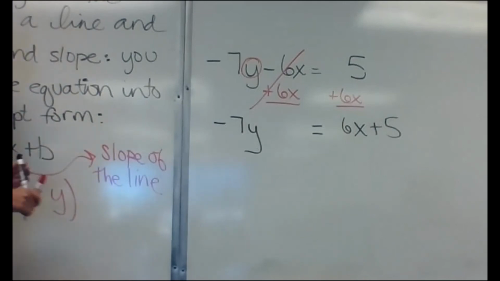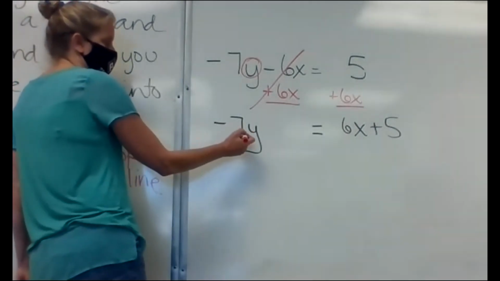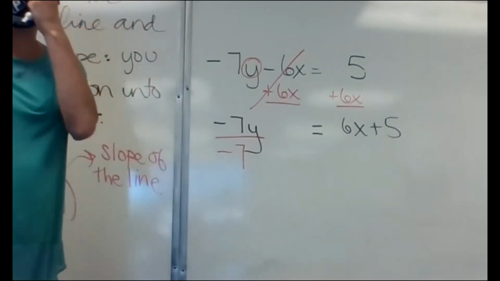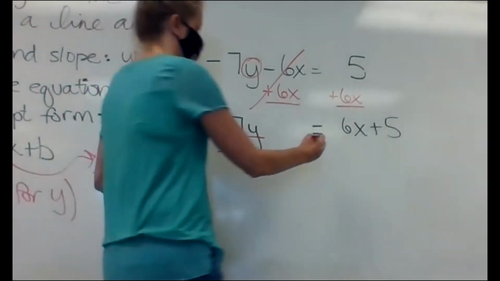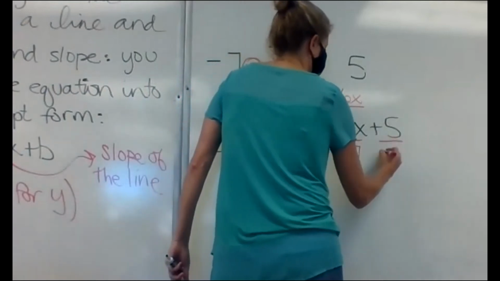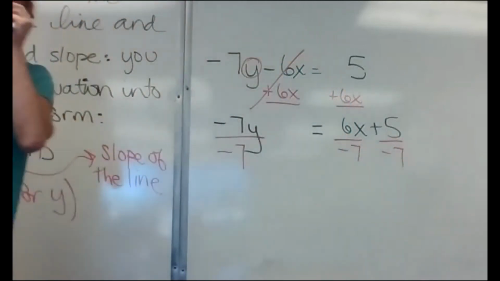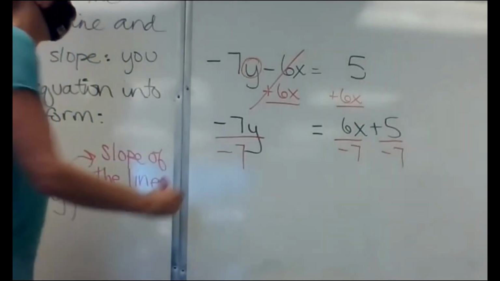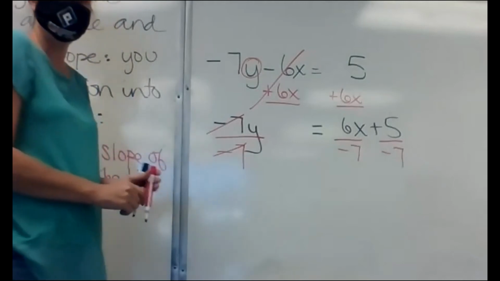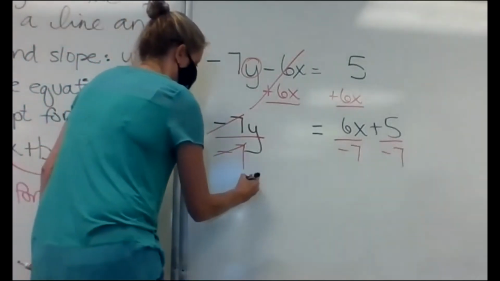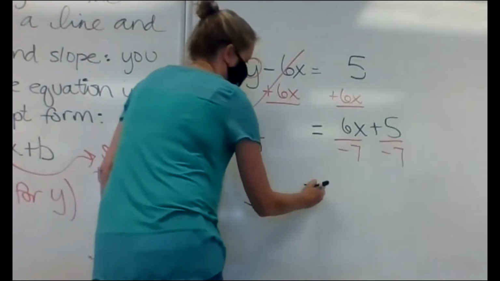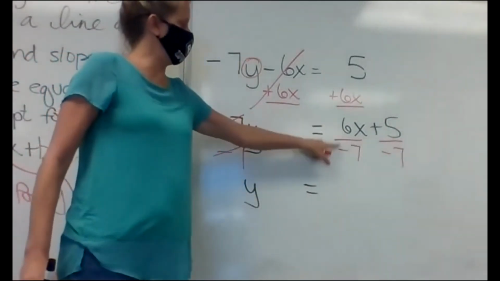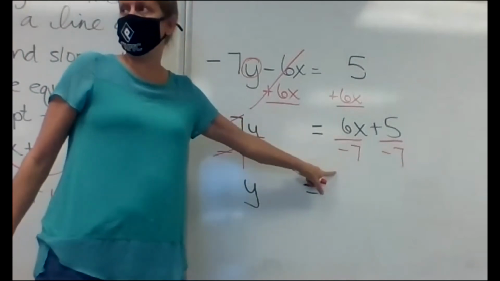Almost done. What needs to go away now? Negative 7, and it's hooked on, which means that's what I'm going to divide by. Negative 7. So my negative 7's cancel. Y equals, positive over a negative just makes that what? What's a positive over a negative?